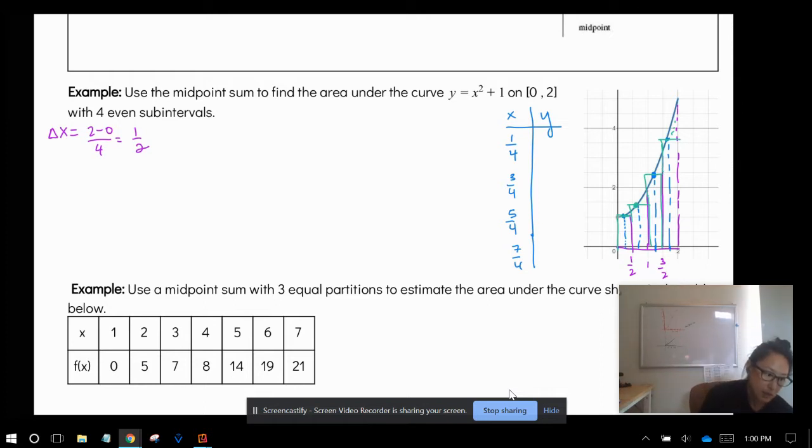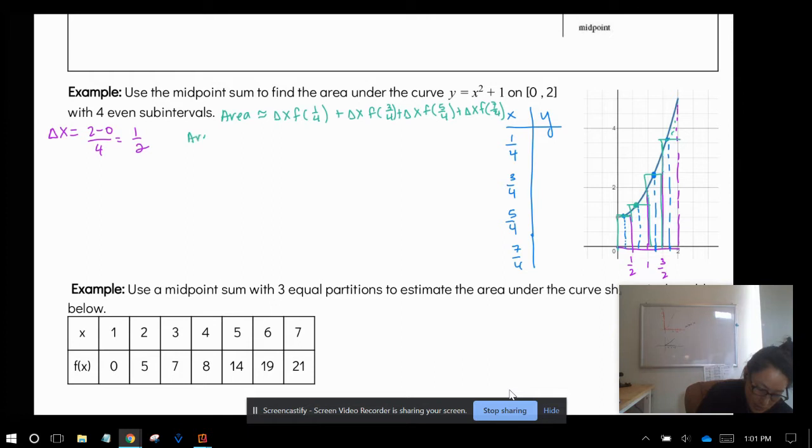So we go ahead and say that the area is about equal to delta x times f of 1/4, plus delta x times f of 3/4, plus delta x times f of 5/4, plus delta x times f of 7/4.